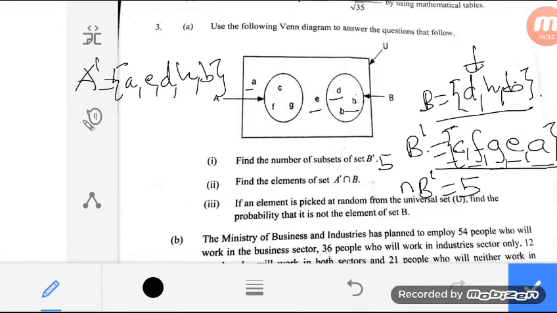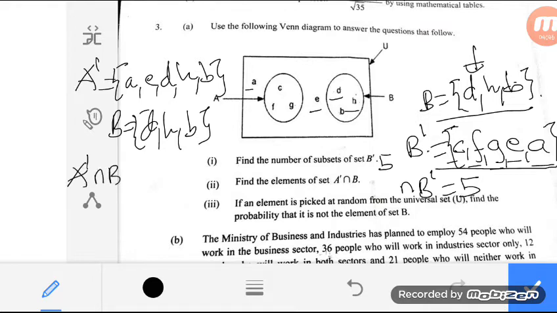For the intersection with B, we also have to know the elements of B. The elements of B are D, H, and B. So for A complement intersection B, we look at these elements and see where they intersect.